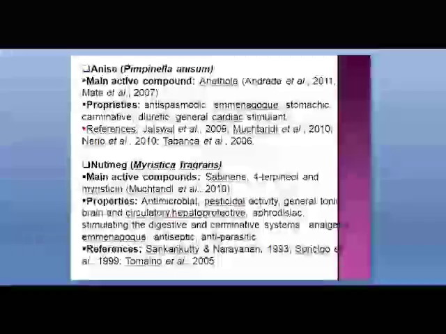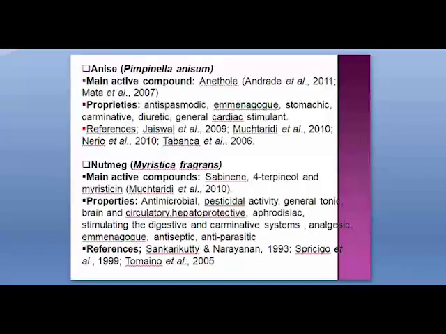Anise: the main component is anethole. Properties again are antispasmodic. So you'll find that most of these properties are similar, but for those of you who have had a chance to do aromatherapy massage, you'll find that when all these are being used, you actually relax, your muscles relax, your mind relaxes, everything just comes back to normal.